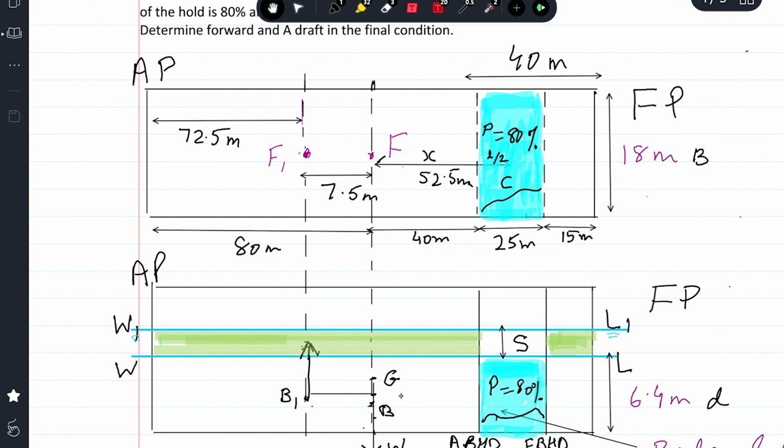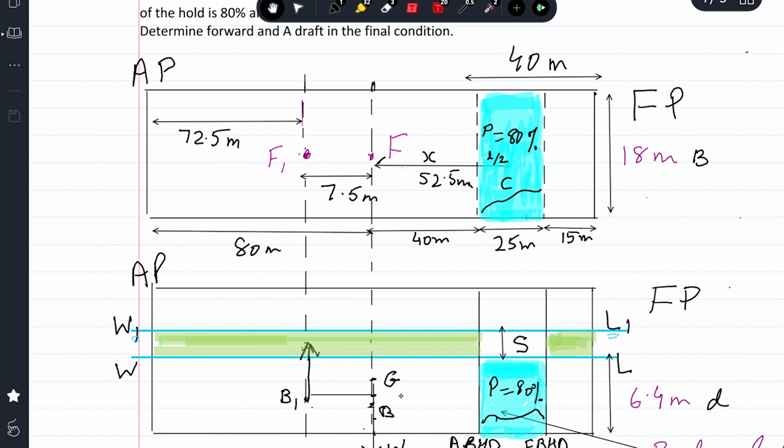Where will it shift? Since the volume is lost, it must shift away from the lost volume. The volume loss is from the forward part, forward of center of rotation. So the center of buoyancy will shift from B to B1, and thereby BB1 creates a trimming lever.